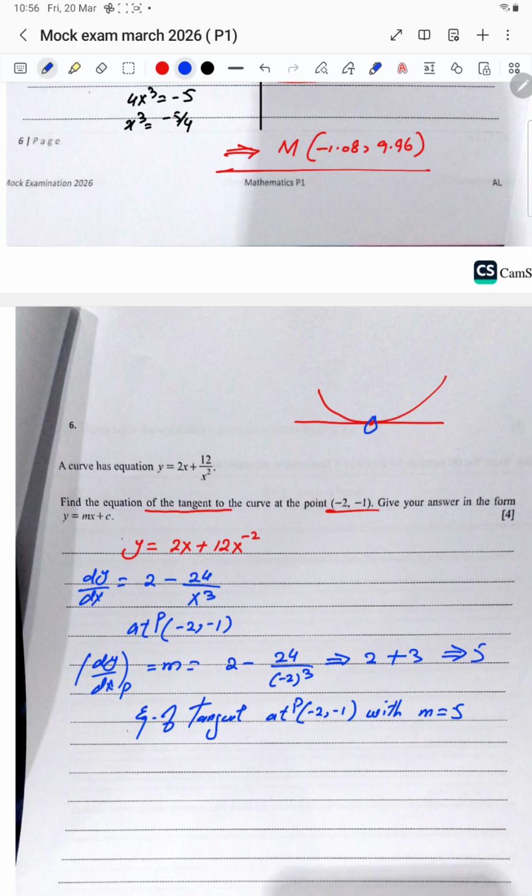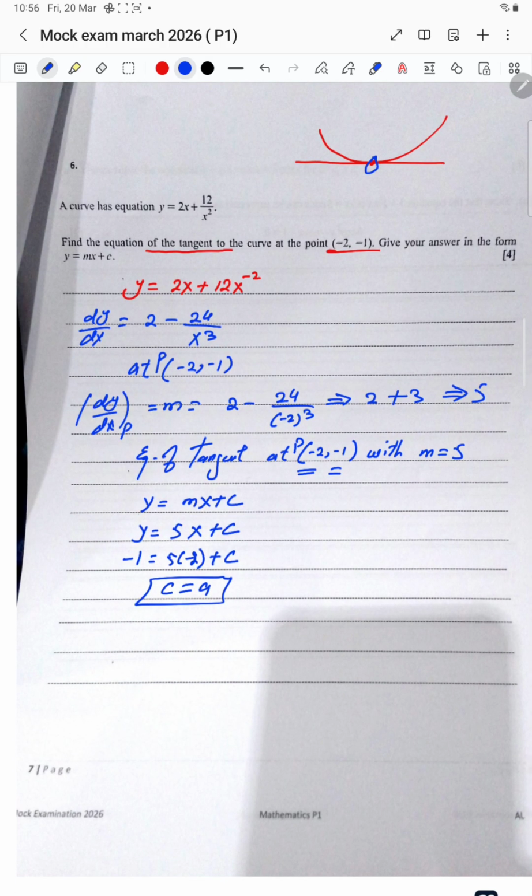So we will not take the negative reciprocal for the gradient. So the equation form we are looking for is y equals mx plus c. So m is 5, y equals 5x plus c. For c we replace these values: y is minus 1 and x is minus 2. I will see c is equal to 9.